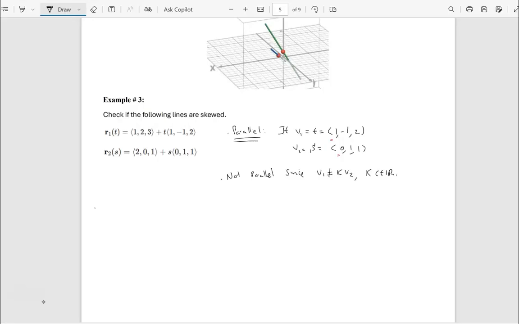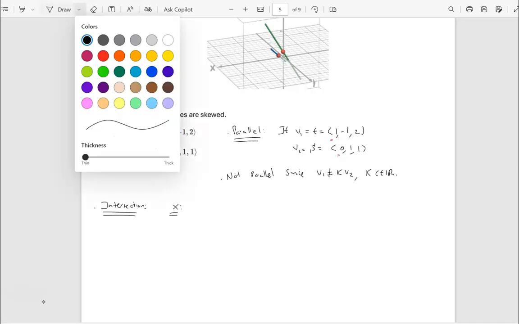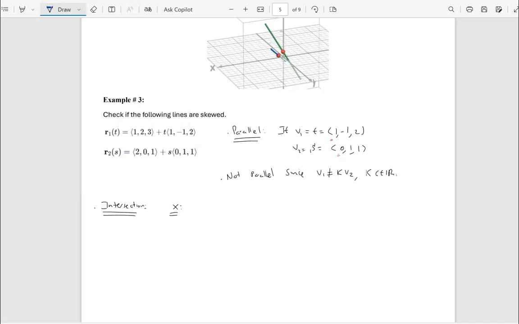Okay, next you're going to check to see if there's actually an intersection. So next, intersection. Okay, there's going to be an intersection if you look at the x's. Let me just select the values of the x's. In this case, you would have that 1 plus t is equal to 2, since we're looking at the second line.